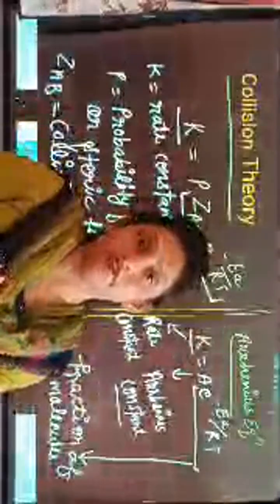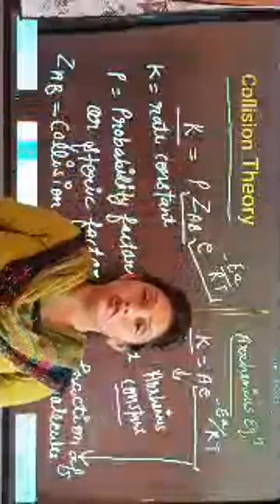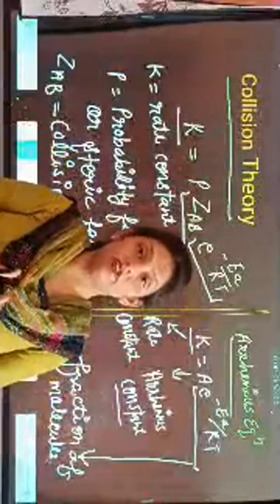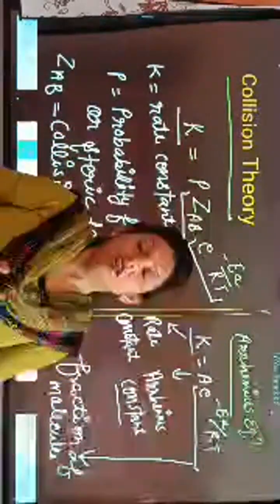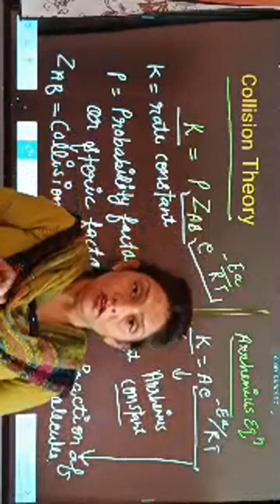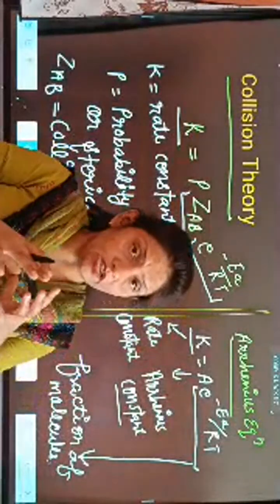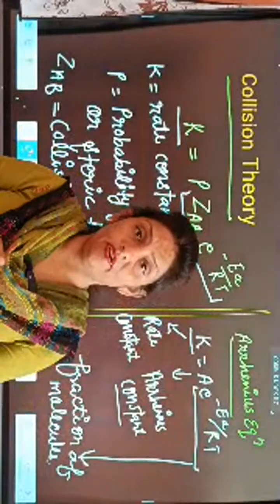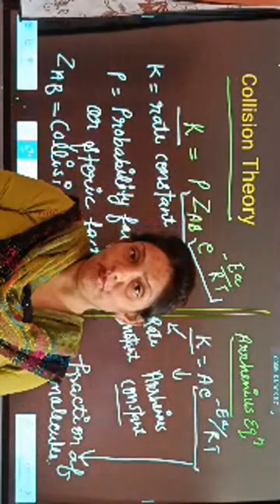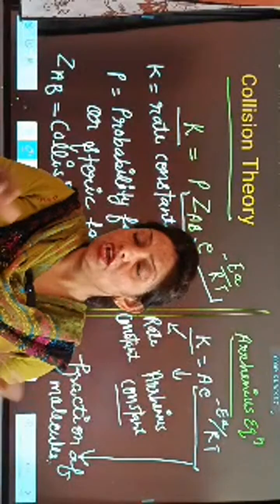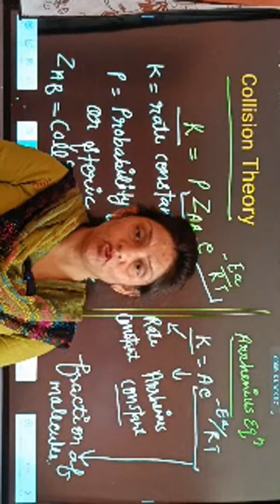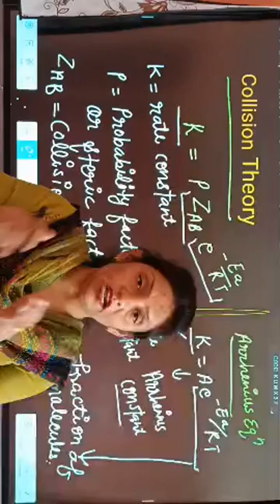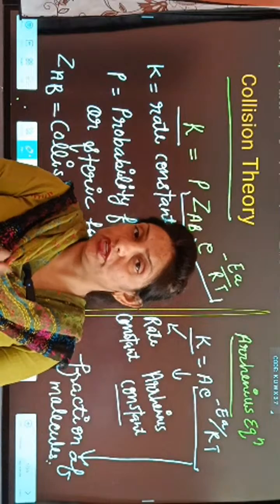One scientist was there. He told us that molecules, colliding molecules or atoms, are behaving like hard spheres. Arrhenius told us that we will get the product if the collision is effective, means if molecules or atoms collide with one another with a proper amount of energy, a sufficient amount, and that minimum energy required is known as the threshold energy.